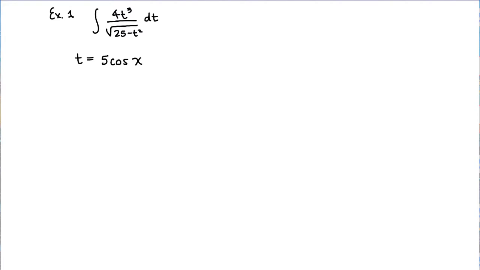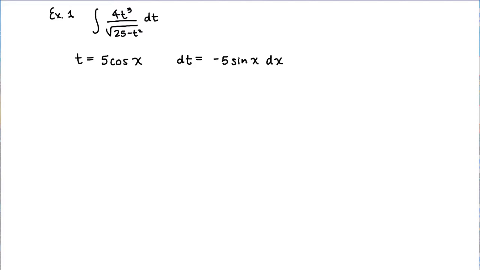And then if t is 5 cosine x, what is dt? dt is going to be 5, derivative of cosine is negative sine. So it's going to be negative 5 sine x dx.